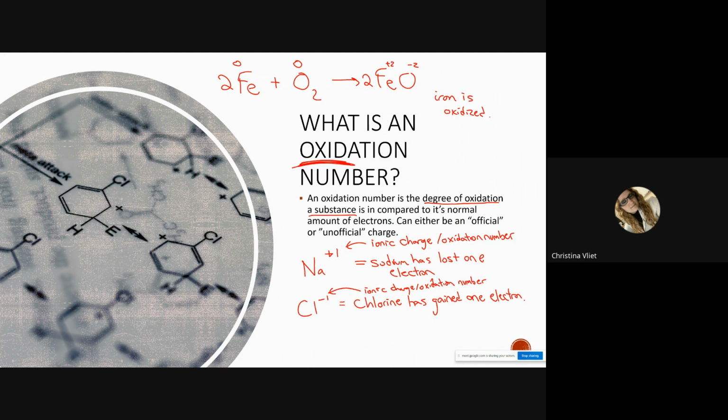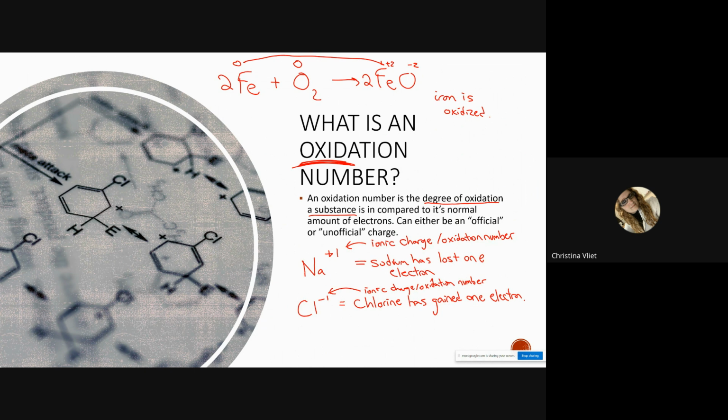We're oxidizing iron. As a result, what happens to iron? It rusts. It loses 2 electrons and it gives them to oxygen. And so iron has lost 2 electrons, and we say that iron has been oxidized.